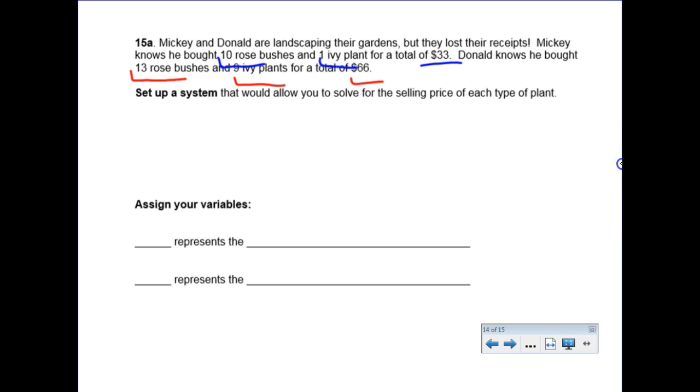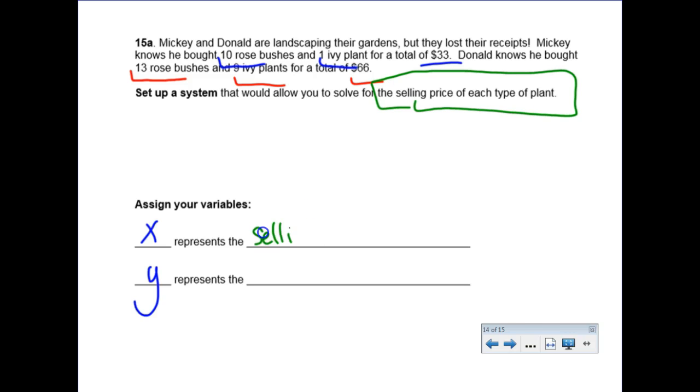So both of their receipts are basically our two equations for our system, and we have to define variables and what they represent. So I'm going to use x and y, why not, to represent the two unknown things, which is the selling price of each plant. So let's say x represents the selling price of a rose bush.